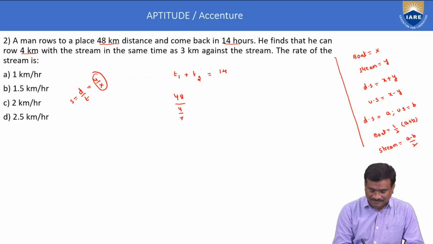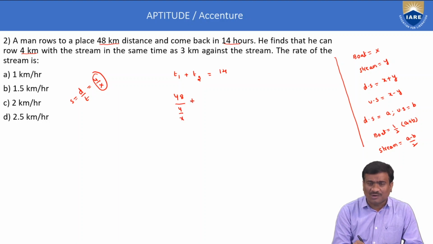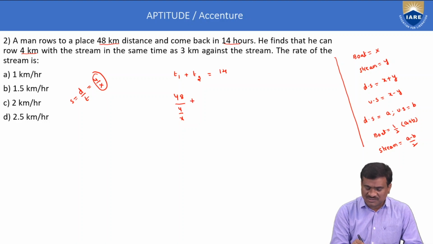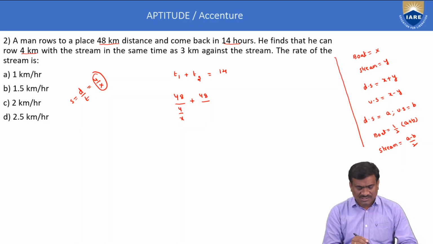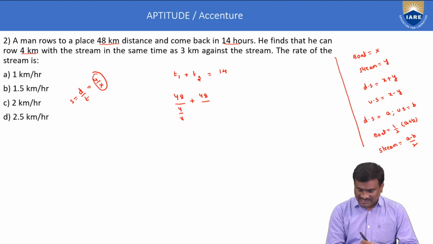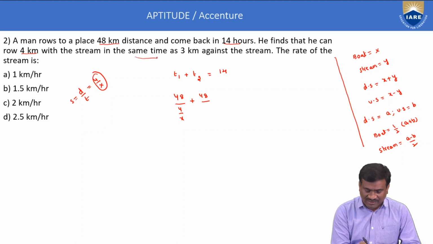Next, for T2, the upstream speed is equal to distance by time, and the upstream time is 4 by x. The same time is given, so the total is equal to 14.